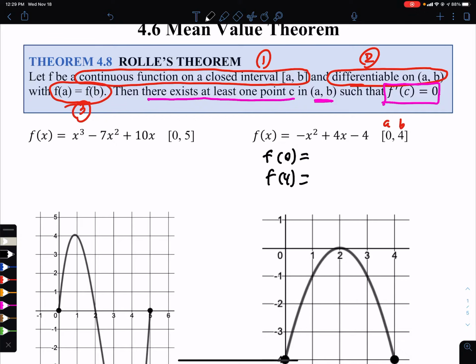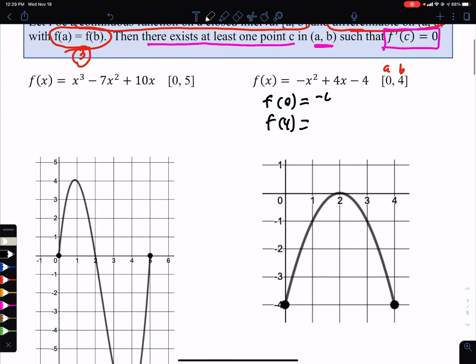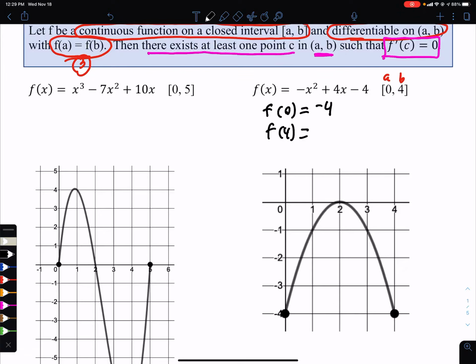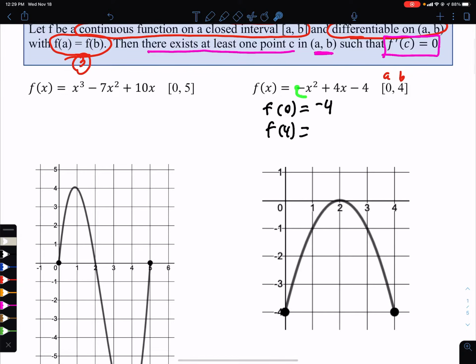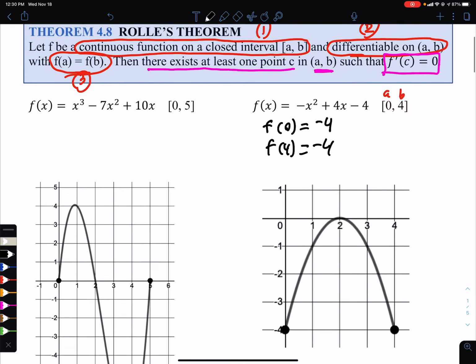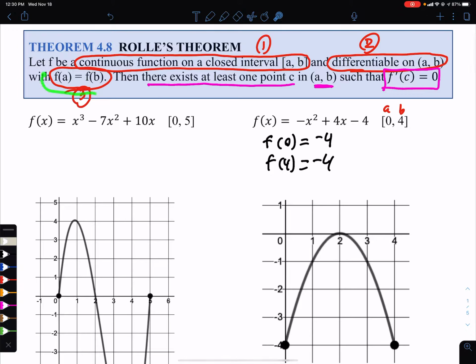And f of 0 is negative 4. And f of 4, that's going to be negative 16 plus 16. Those will cancel. I'm going to get negative 4. So the third condition is met. The endpoints have equal values.